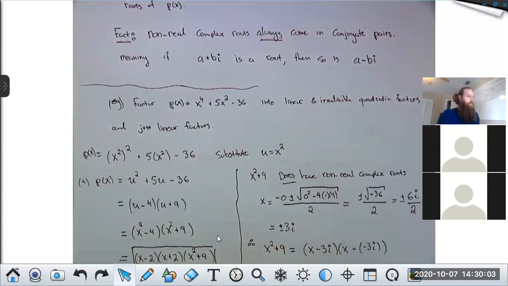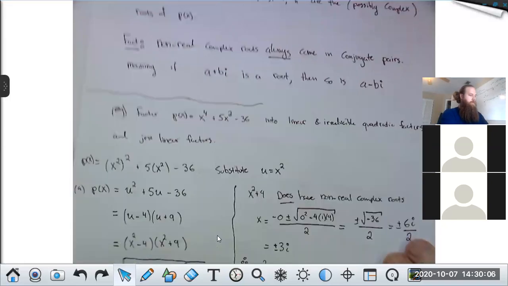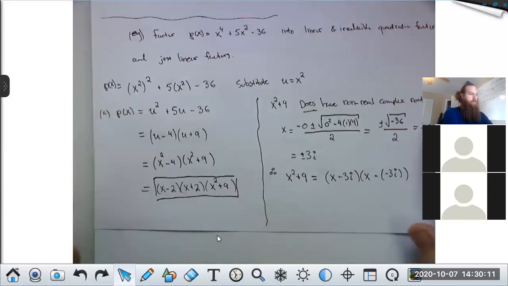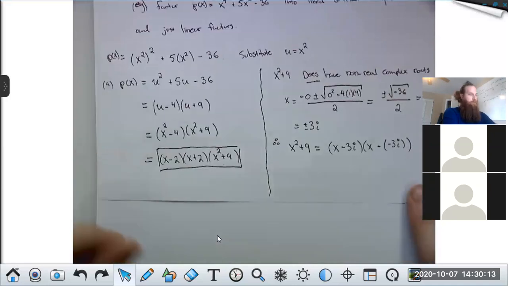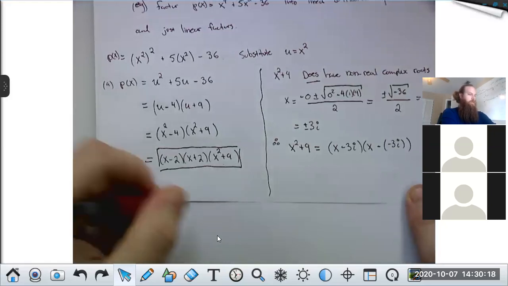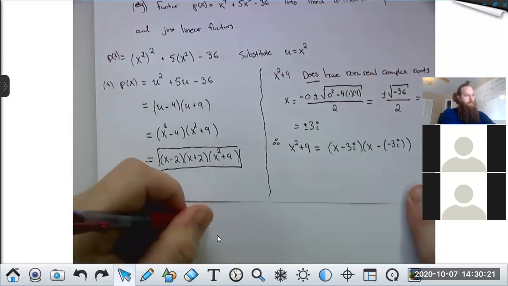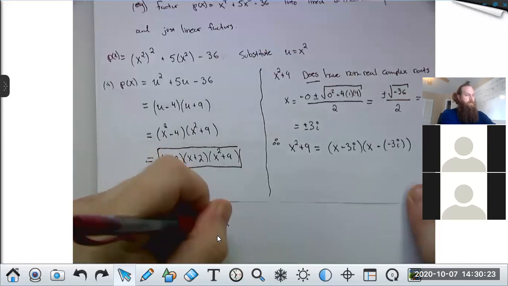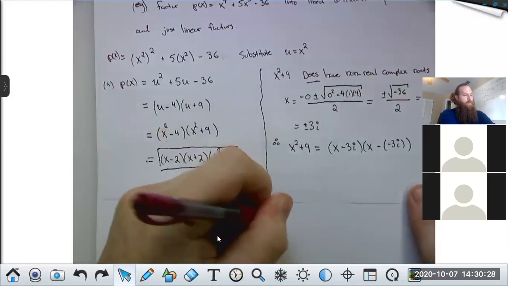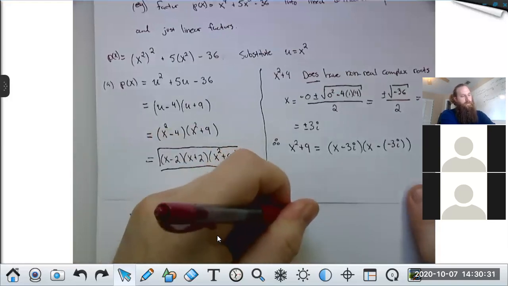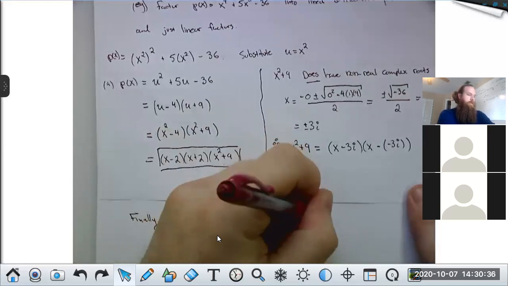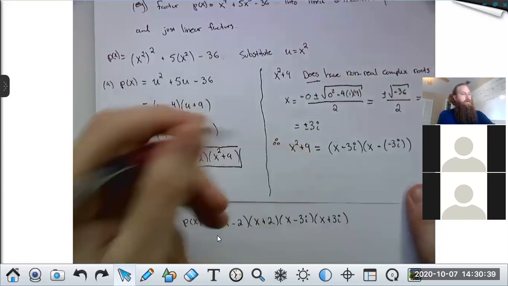And this tells me that overall, p of x can be written as x minus 2 times x plus 2 times x minus 3i times x minus the negative here is x plus 3i.